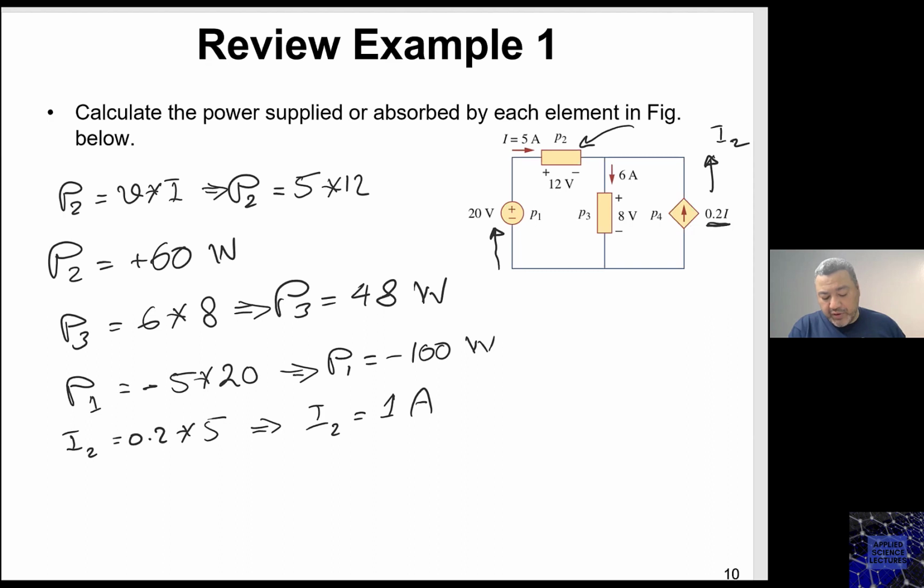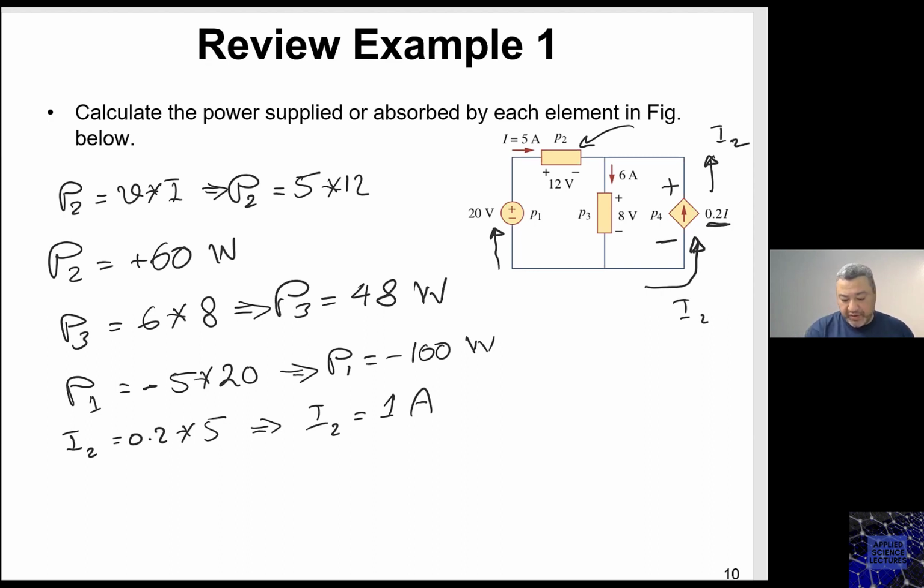Now, notice that this current source is in parallel with P3. What does this mean? This means that the same voltage drop across P3 is also across this current source. So here I have also 8 volts, and as you can see, this current I2 is entering into the negative terminal.